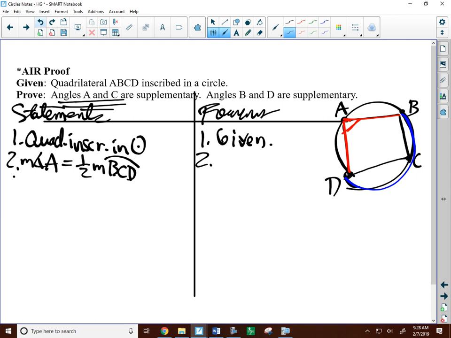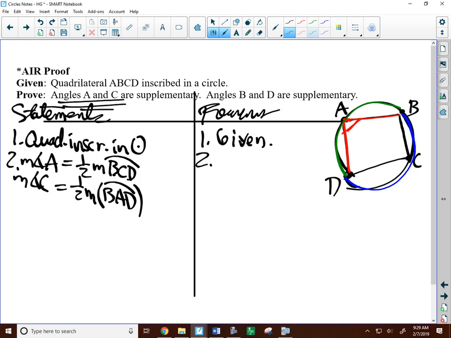And I also know C, so same step here. Measure of angle C is half the measure of its intercepted arc. And C goes to arc BAD. Okay, that's the inscribed angle theorem.